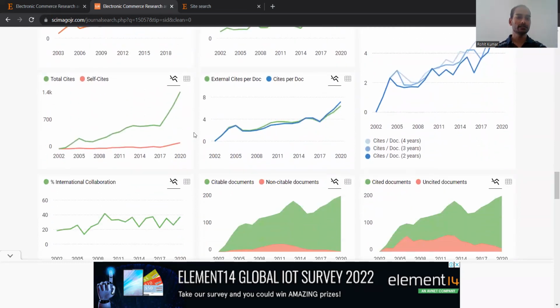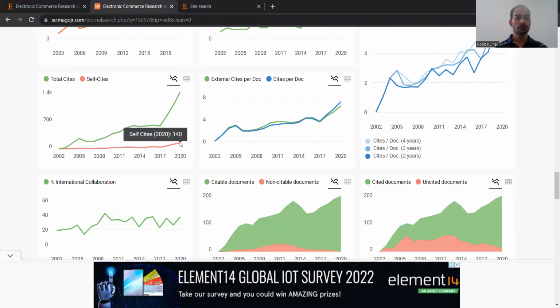Now coming to the total citations and the self-citations, it's a bit of a problem in my opinion, but still it is good in 2020. In 2017, yes, here it was a problem. Here you can see this gap is not very wide, and it should be very wide. At maximum, this graph should be at the bottom, because it is the self-citation graph.